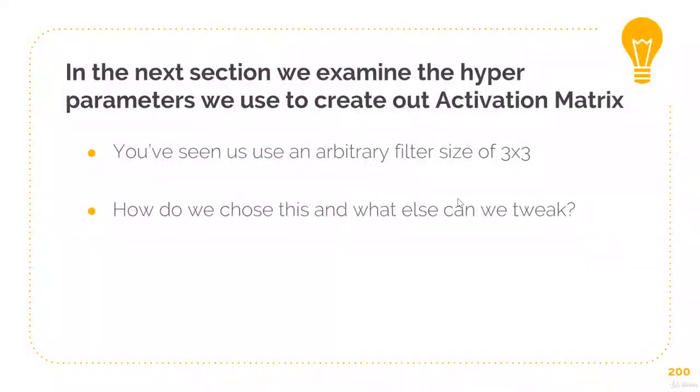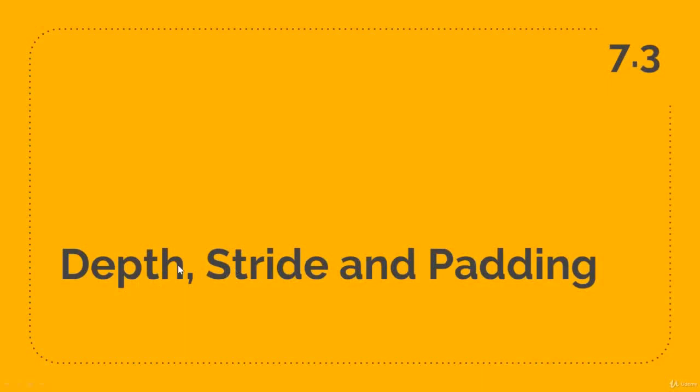So you've seen so far that we just use a standard arbitrary filter size of 3x3, but can we use other sizes, and how do they affect the convolution size and the further parts of the convolutional neural net? That's called tweaking the hyperparameters. So in the next section, section 7.3, we look at depth, stride, and padding.